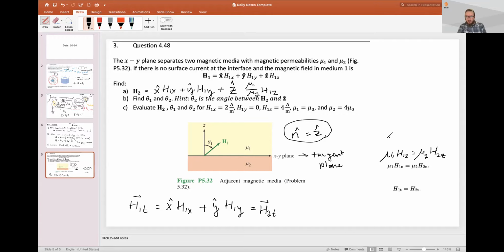So if you solve this, like this. All right. So now we have an expression for H2. For theta1 and theta2, what should we do to solve for those?